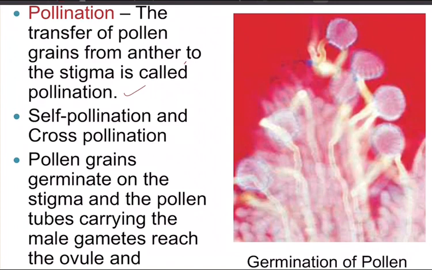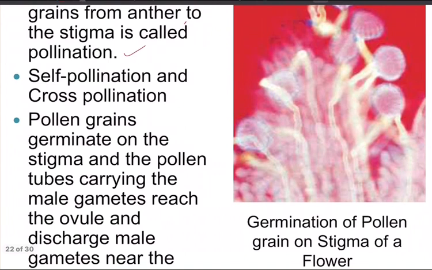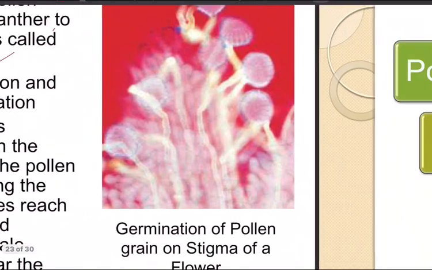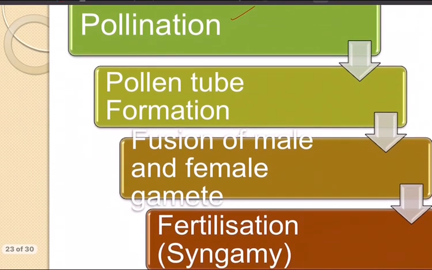Pollen grains germinate on the stigma and the pollen tubes carrying the male gametes reach the ovule, where they discharge the male gametes. So basically pollination takes place and pollen tube formation takes place.